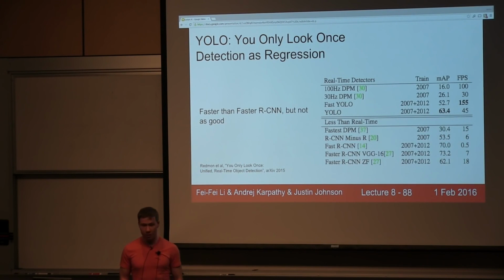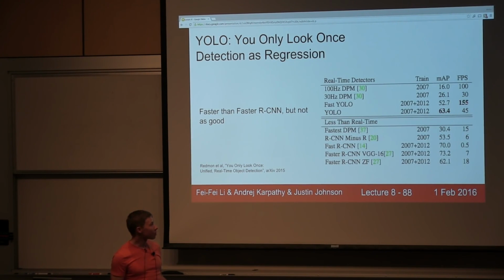This YOLO detector actually is really fast. It's actually faster than Faster RCNN, which is pretty crazy. But unfortunately, it tends to work a little bit worse. They have this other thing called Fast YOLO that I don't want to talk about. These are mean AP numbers on one of the Pascal data sets that we saw.